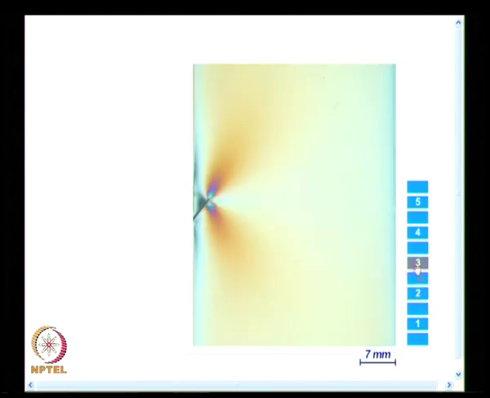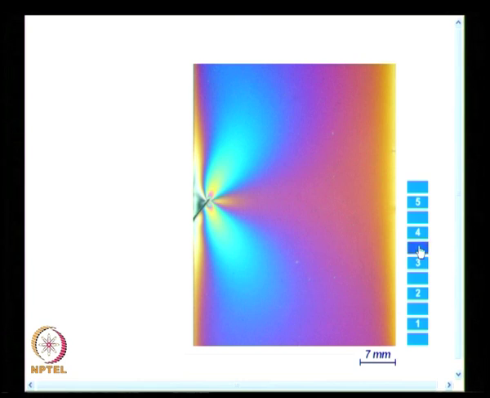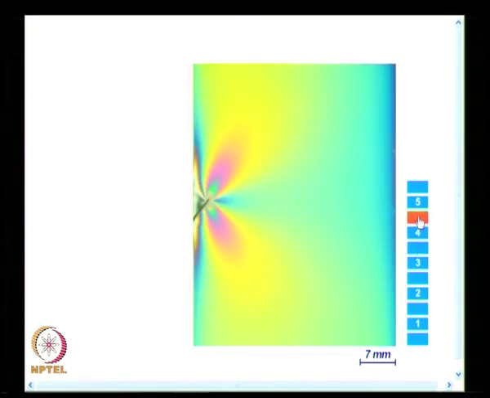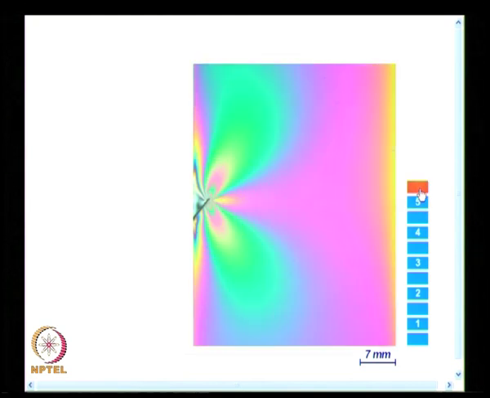So, I want you to make an important observation. First, look at the fringes developed for different loads. First thing is, I have this as a crack axis, the fringes are tilted like what we saw in the mode 1 scenario, but they are not symmetrical about the crack axis. This is one observation.